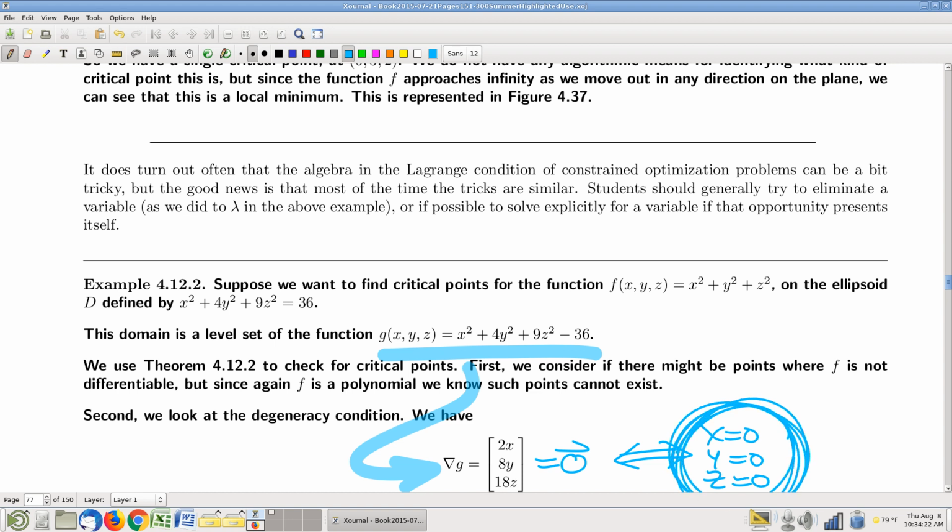So is this a degenerate critical point? Even though the constraint gradient is 0, this is actually not a degenerate critical point, because this point is not on our constraint set. That's not even in the domain. It's kind of like the phrase, the exception that proves the rule, in a way.